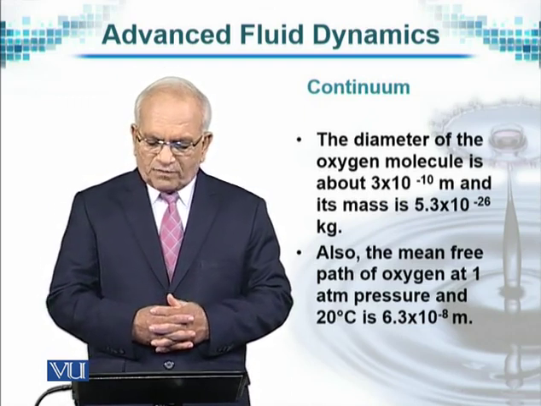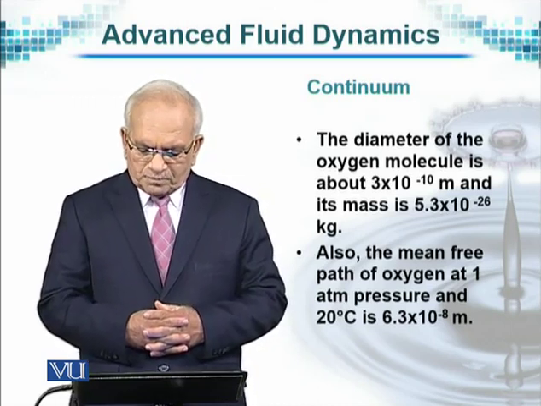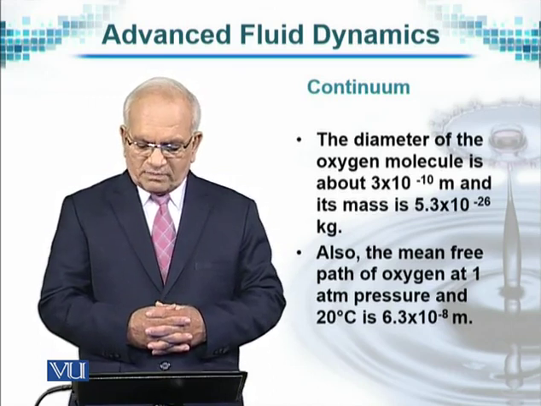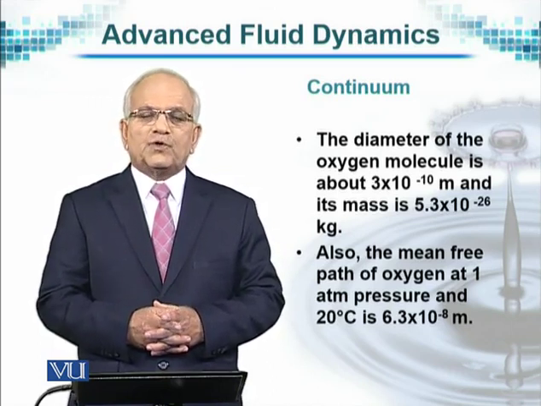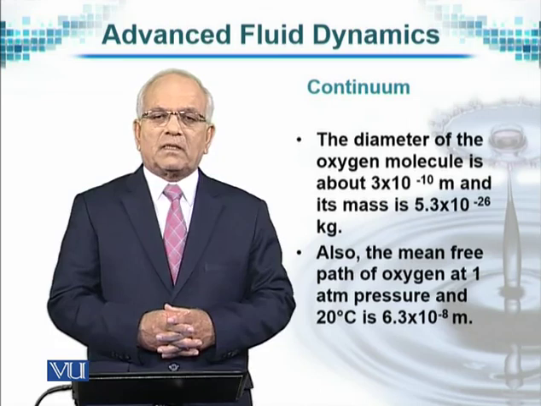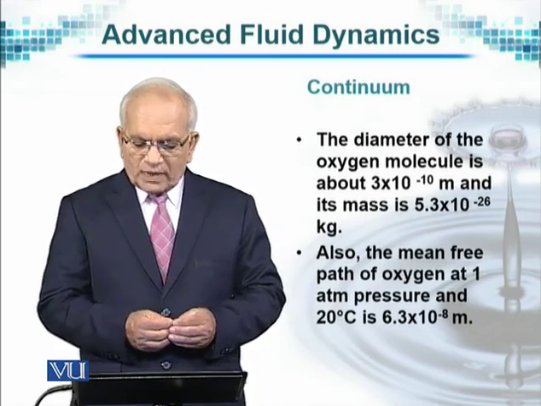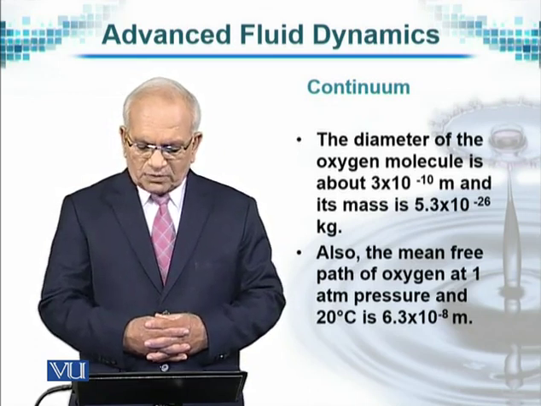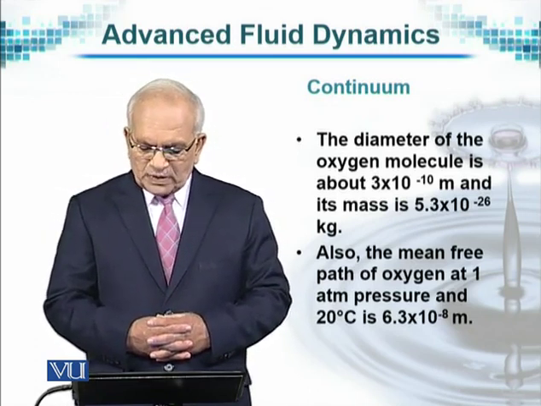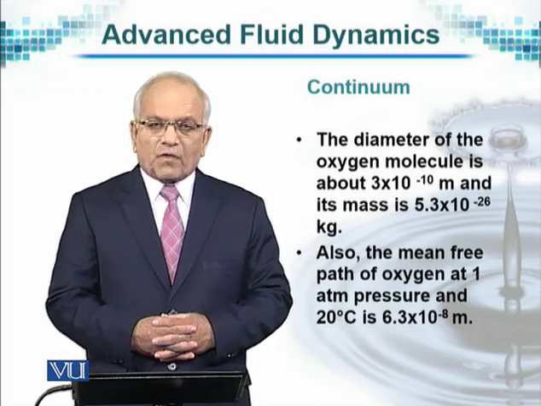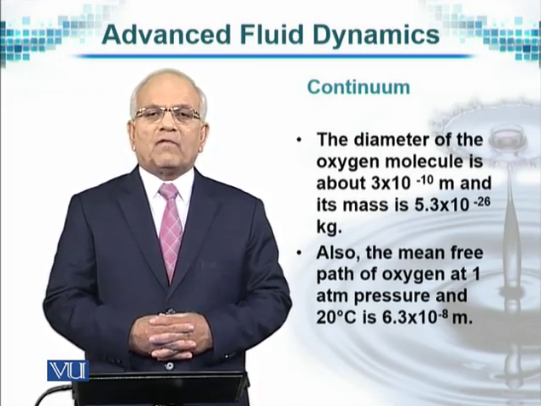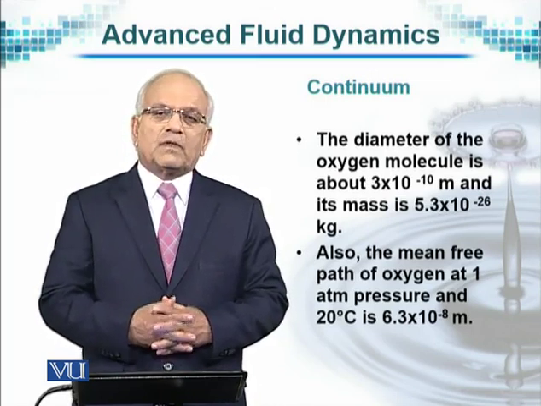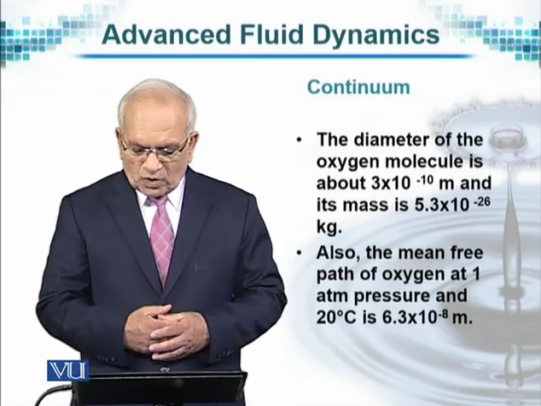The diameter of an oxygen molecule is about 3 into 10 to the power minus 10 meters. You can imagine it's a very small distance, even difficult to see with the naked eye. And its mass is 5.3 into 10 to the power minus 26, a very small quantity.